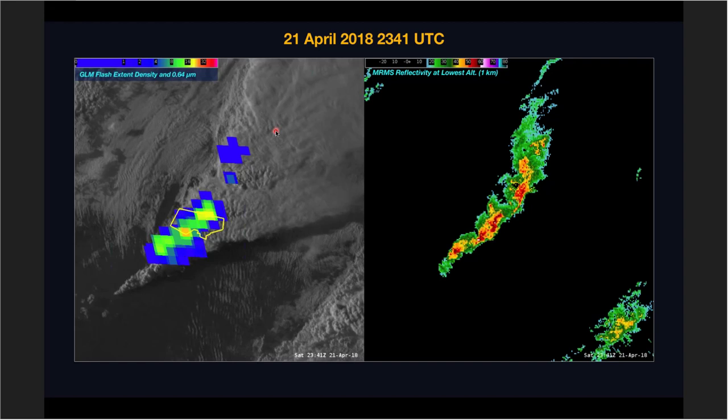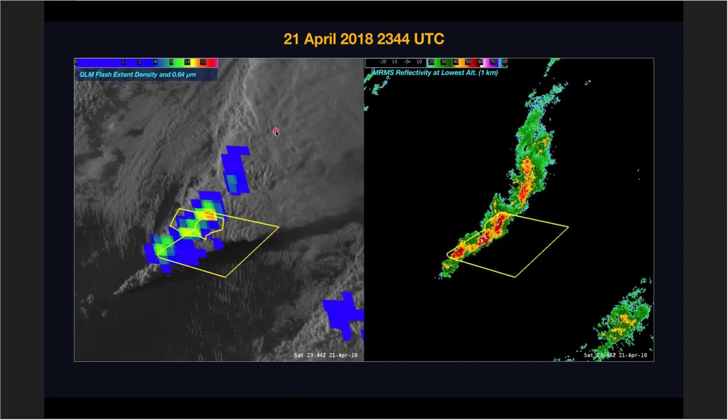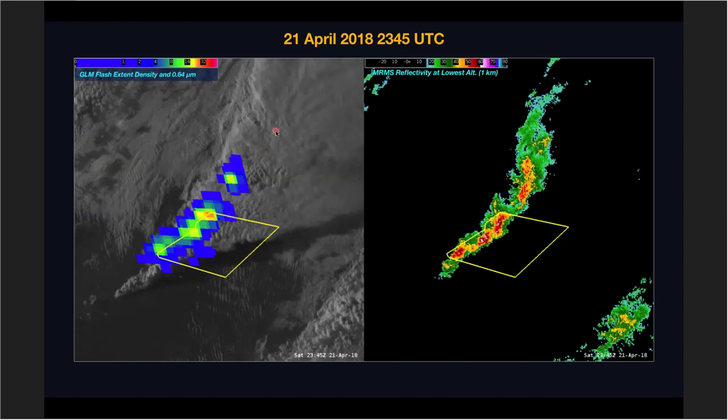So here's 2341, 42, 43. You can see a new severe was issued to the south. 44, 45.